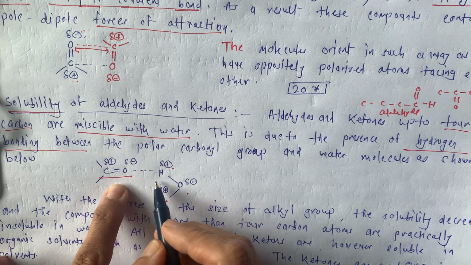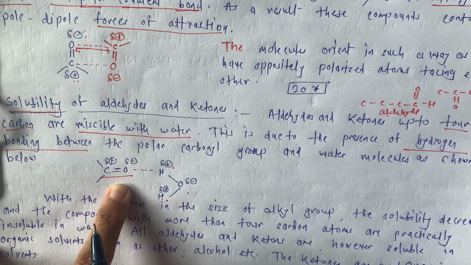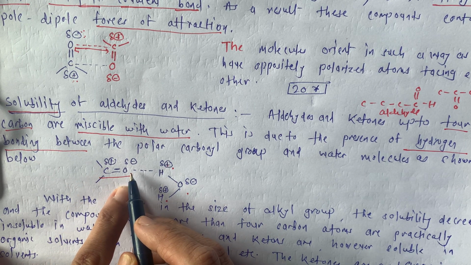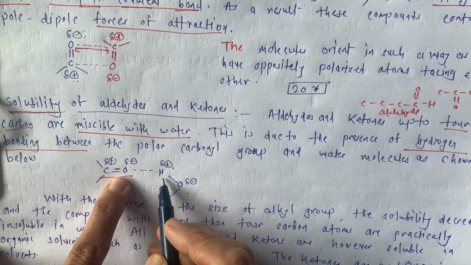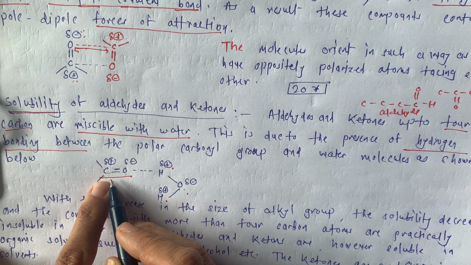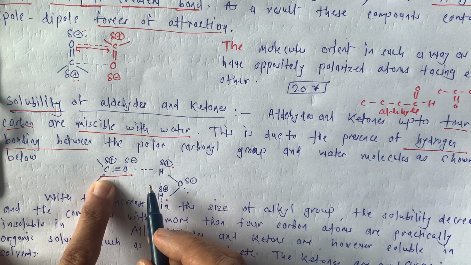Then they have hydrogen bonding. Here it is partial positive, partial negative, and they form a hydrogen bond between the hydrogen of the water molecule and the carbonyl oxygen of the aldehyde and ketone. This is hydrogen bonding.